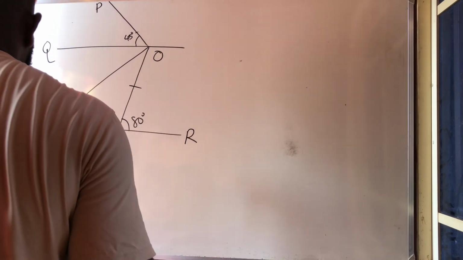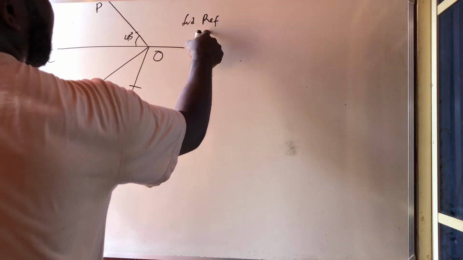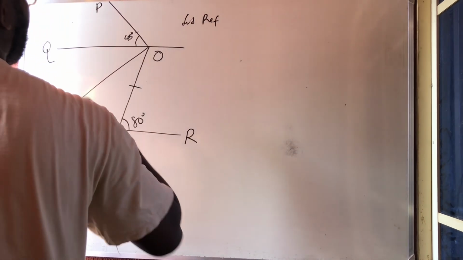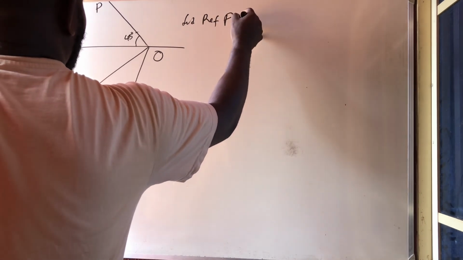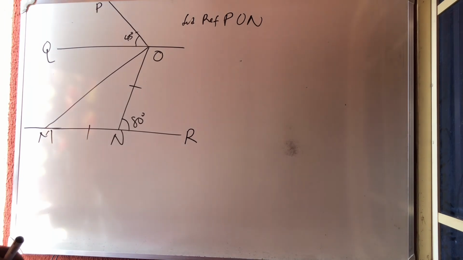They say we should find, from this, find reflex angle. I told you they must put reflex to show that it's the big one. Reflex angle PON. So, to get this, what do we do, children of God?